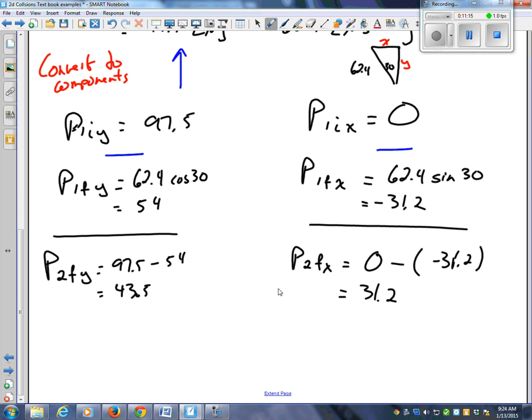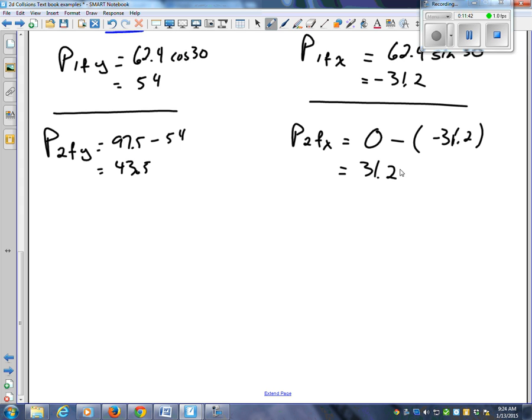Pause again. What's the next step in a vector subtraction question? Once you've done the vector subtraction, then what? Take the two components, draw a picture and put them back together. Right?